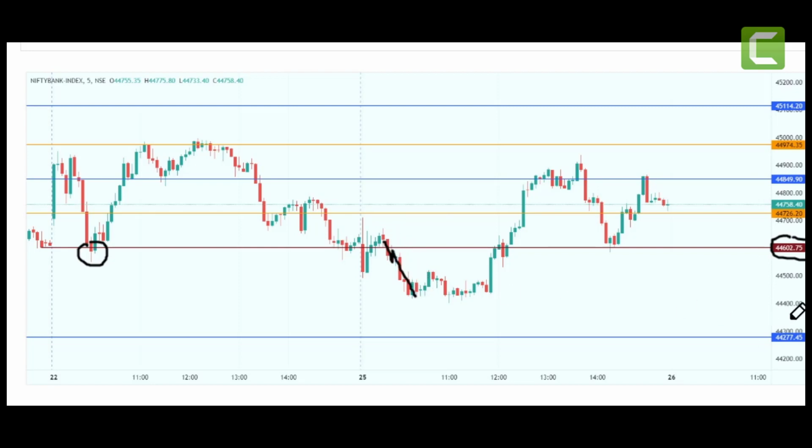Thereafter again, as usual, we kept a target of 44,277, but in between a similar case happened. If you see, the similar case repeated here also. In the complete rally we got very few red candles, which means we got rejection from our levels in this rally. Thereafter, once the range accepted, it almost covered our range, and from that range it again came back to our brown level which we discussed.